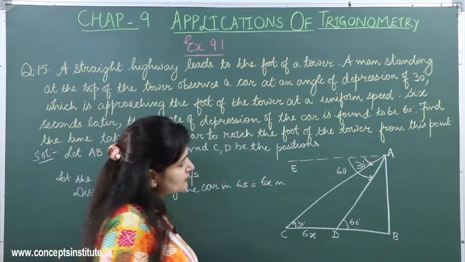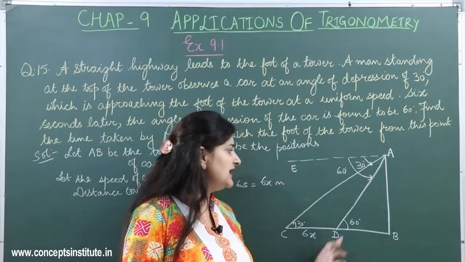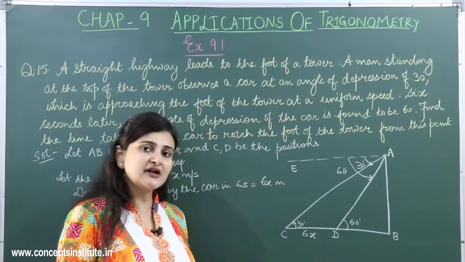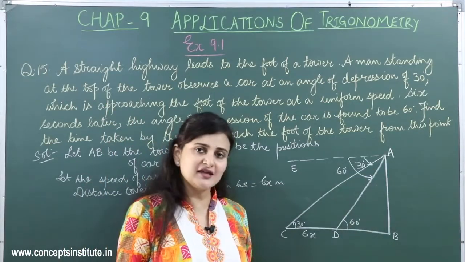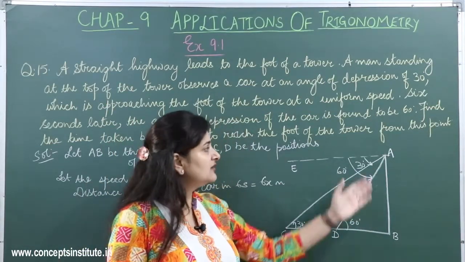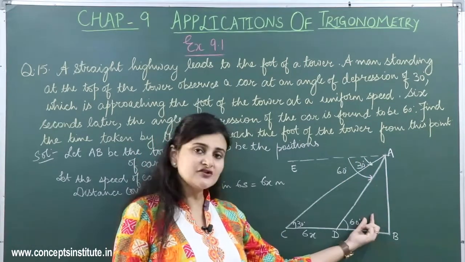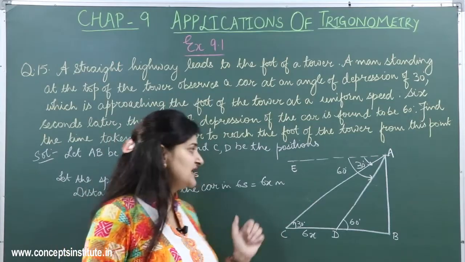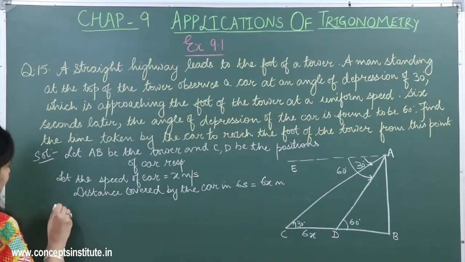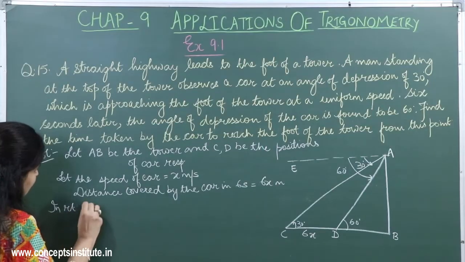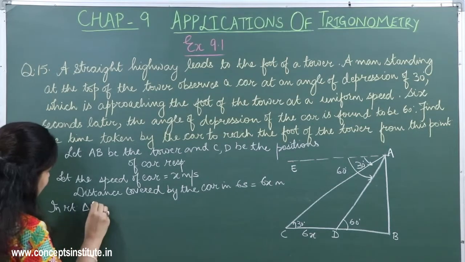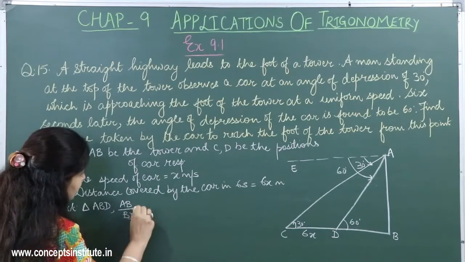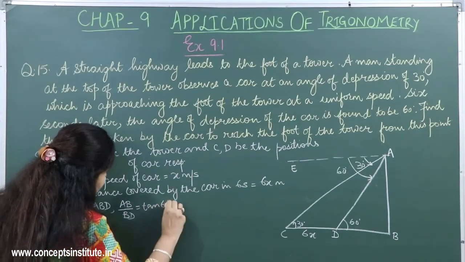Now we have two right triangles, one is ABD and one is ABC. And what is the common link between these two right triangles? It is the perpendicular AB. So I am going to find out the value of perpendicular AB from this triangle and from the triangle ABC and then equate both of them. So let's see, what do I get? In right triangle ABD, I get AB upon BD equals tan 60.